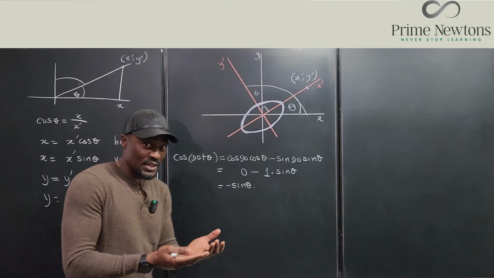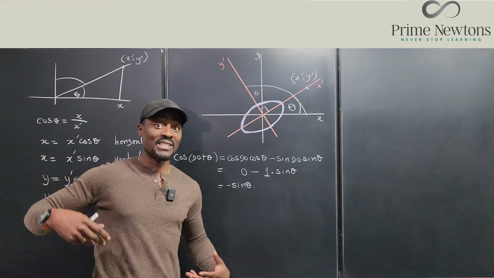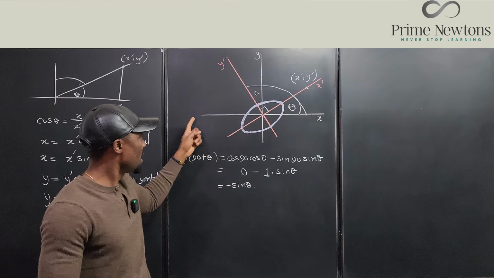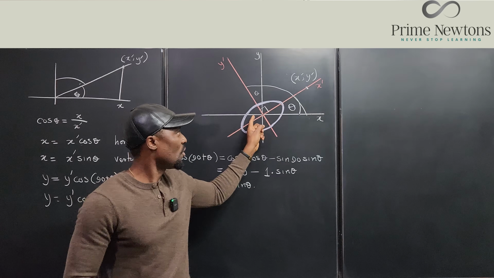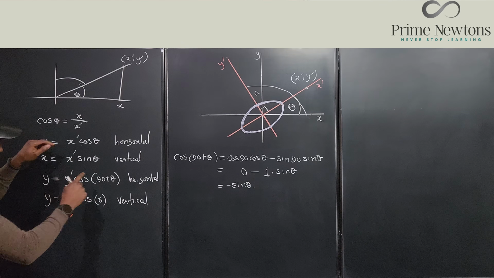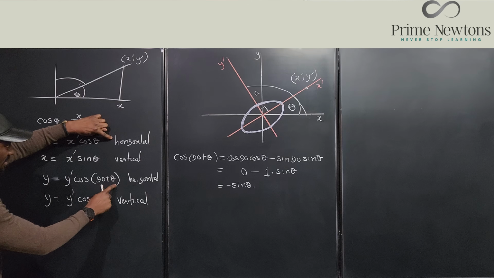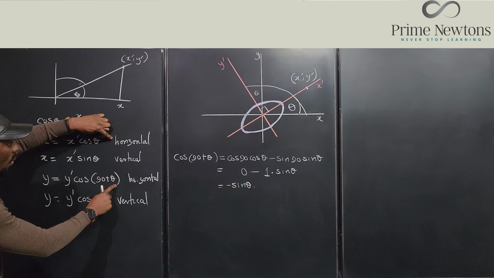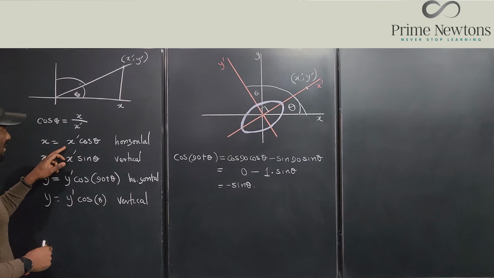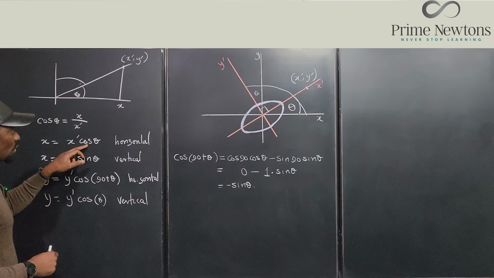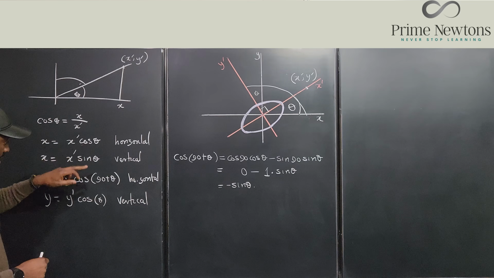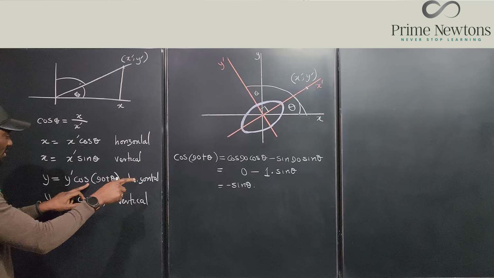Okay, so the total original y-axis component, which is the vertical component, let's do the horizontal first. The total horizontal component of this rotated axis will be everything horizontal, this plus this. It's going to be x prime cosine theta minus y prime sine theta.